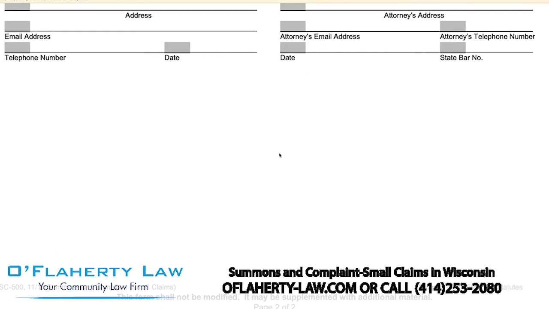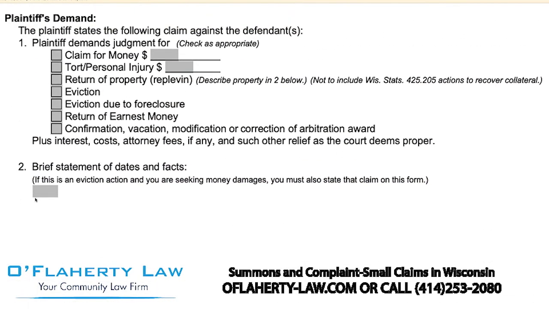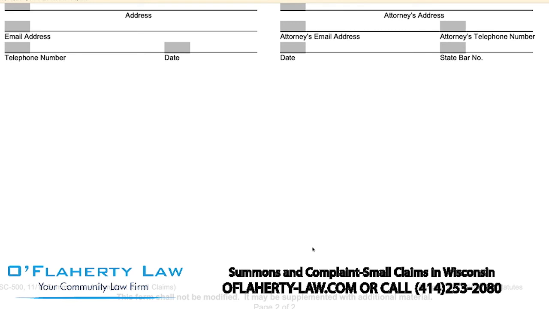So you can't modify, but you can always supplement. So if you don't have enough room, which is usually an issue, you just do it on a separate piece of paper, but you don't add lines or create additional spaces. You don't mess with the margins or the borders. Don't do any of that. Do not modify the document.